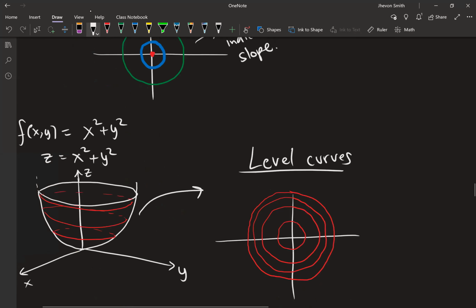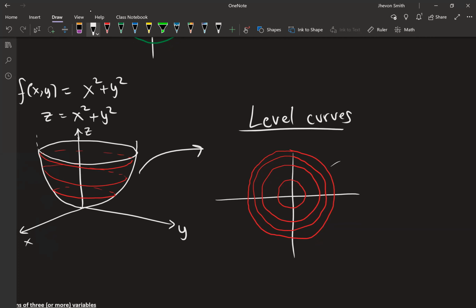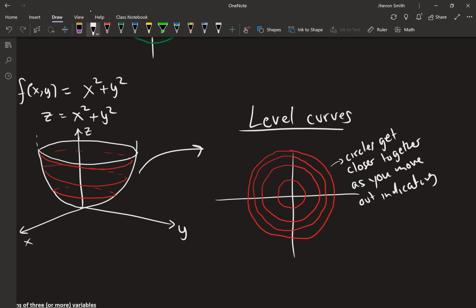And you go down to something like here, circles get closer together as you move out, indicating we're getting steeper.